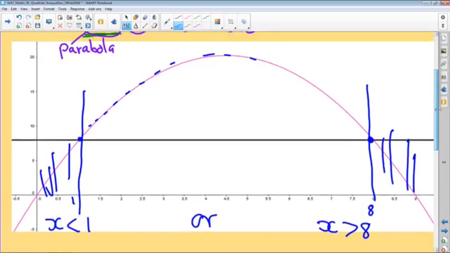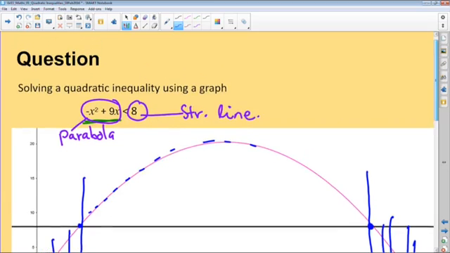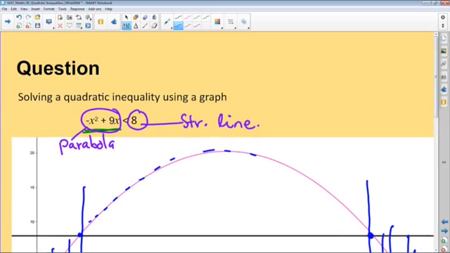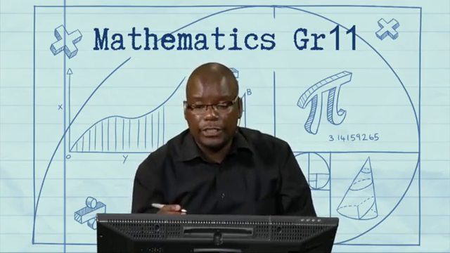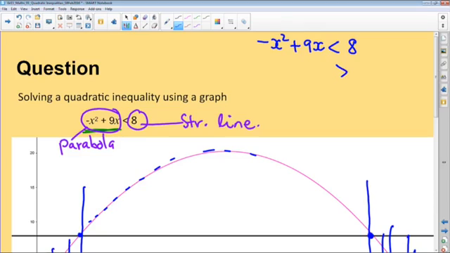is greater than 8. Now, to quickly work it out, we have minus x squared plus 9x less than 8. This is the same as, we can multiply through by a negative. And now remember, grade 11s, if you multiply by a negative sign throughout, the inequality sign changes. So this will now be greater than.